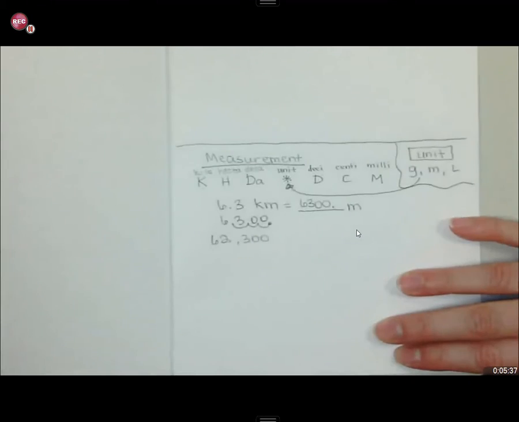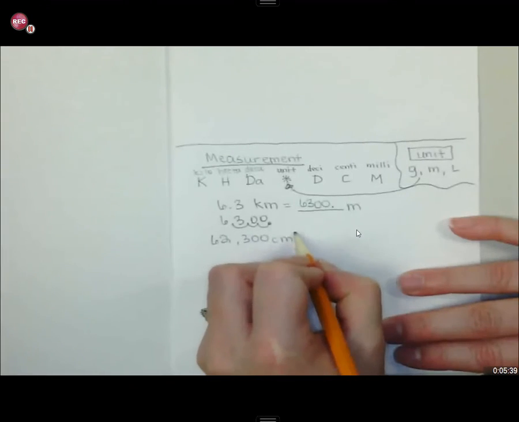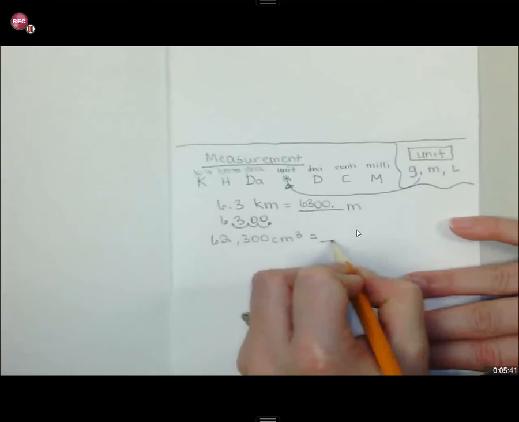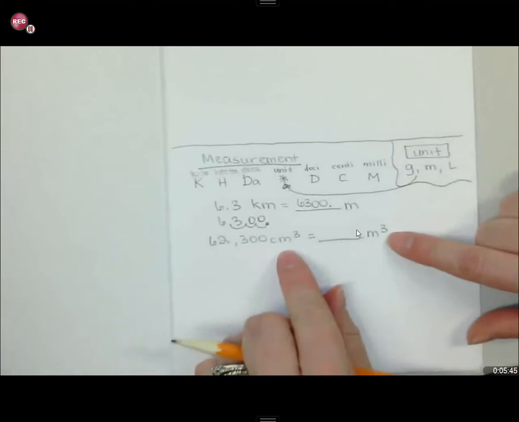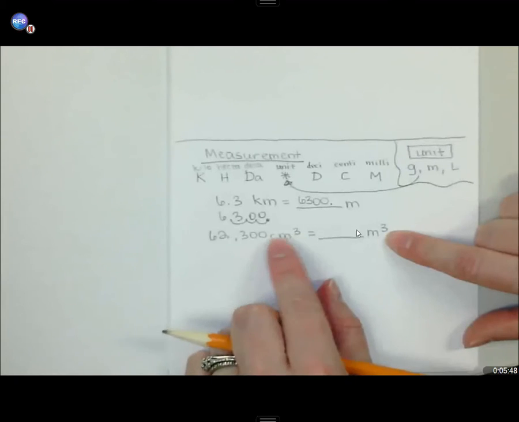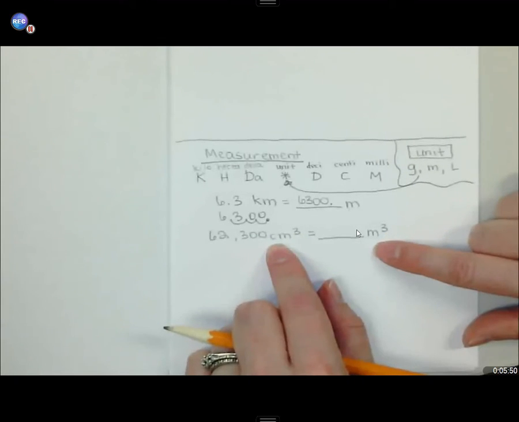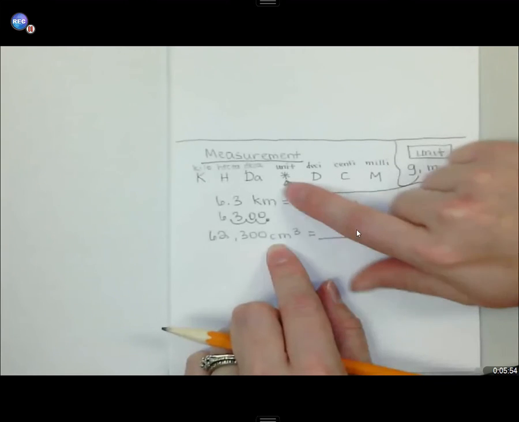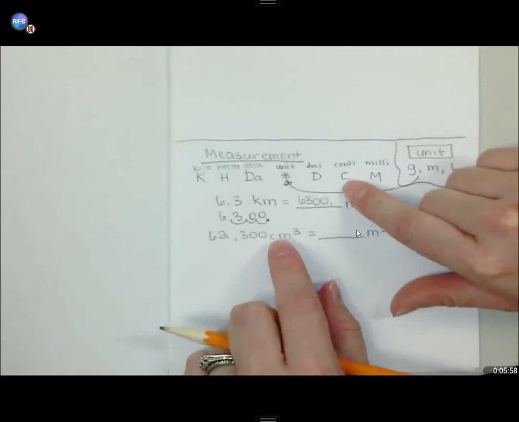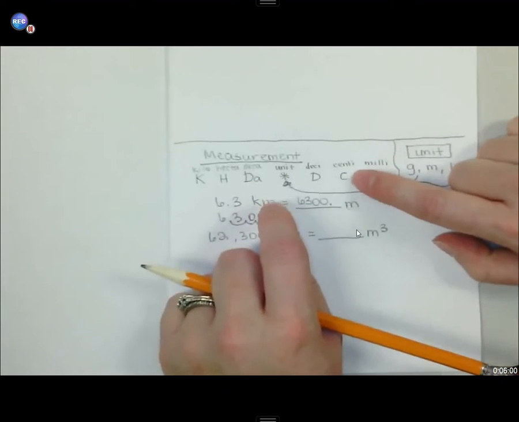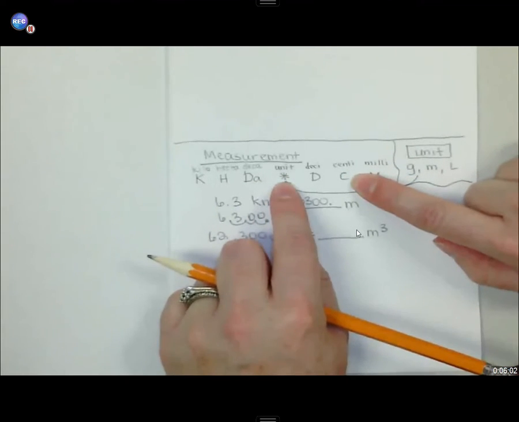There is no decimal. It says centimeters cubed, and that's going to equal how many meters cubed. There's no need to be confused by that 3. It's just there to throw you off, but you're going from centimeters to meters. Okay, meters, remember, is in the middle. So we have centi, which is over here. So we are going from here, centi, to meters.